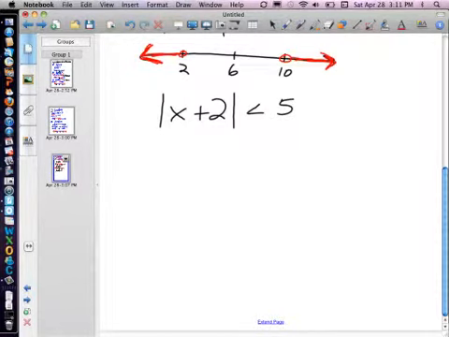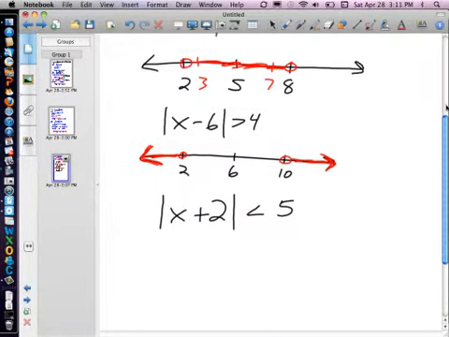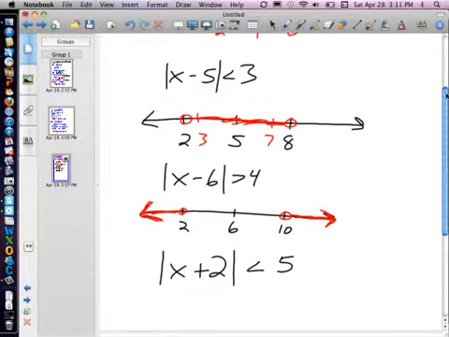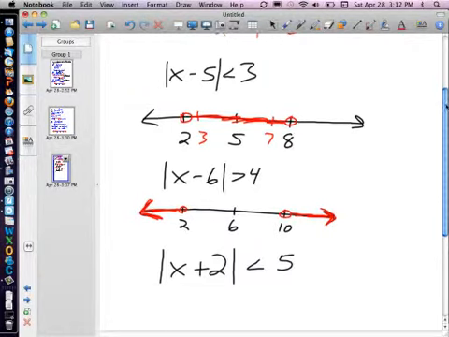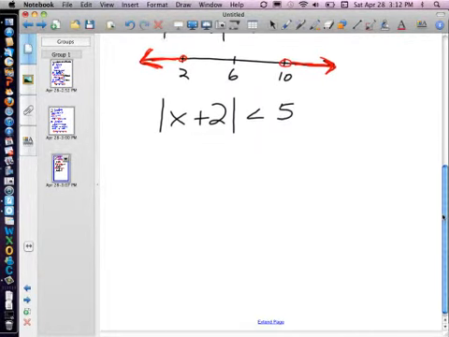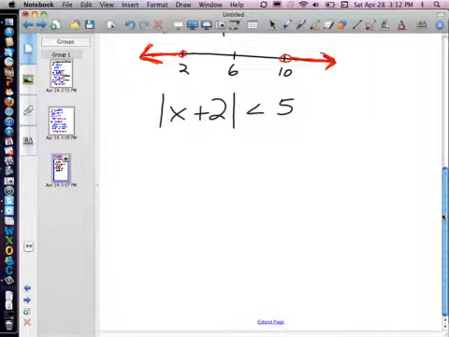Notice in the previous examples, I was talking about the difference, or the distance between, right? Because when you talk about subtraction, you're often talking about the distance between these numbers, like 10 minus 6. The distance between 10 and 6, or the difference between 10 and 6, is 4. So that all works for subtraction, but with addition, that doesn't necessarily make sense.